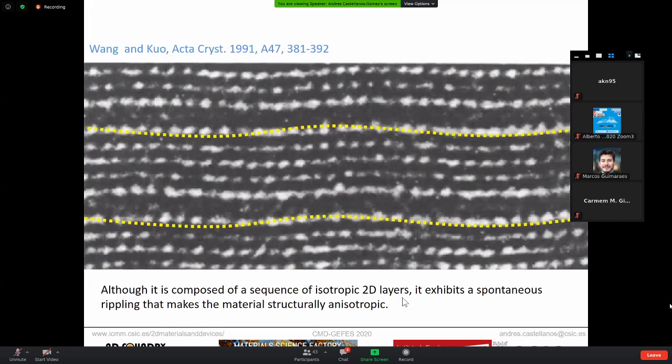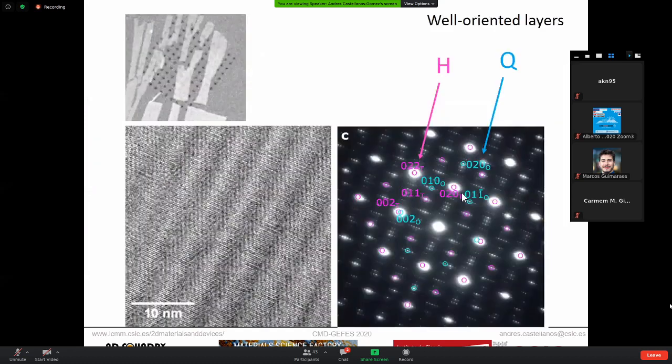This is kind of funny because the tetragonal layer and the hexagonal layers should be isotropic in plane. But the compound, the superlattice, has this anisotropy, these ripples. And we can even see it if we do top view TEM instead of cross-sectional TEM.